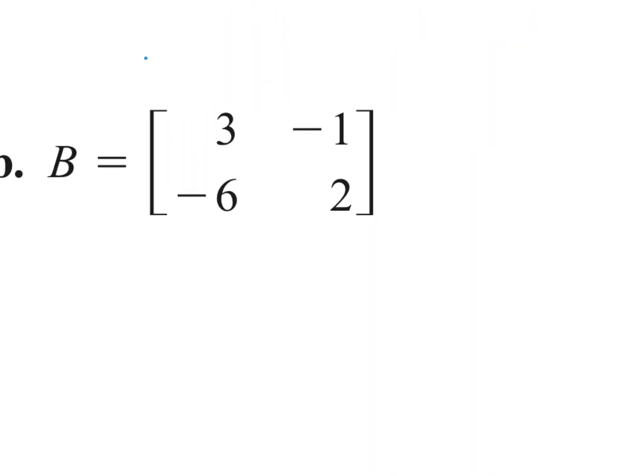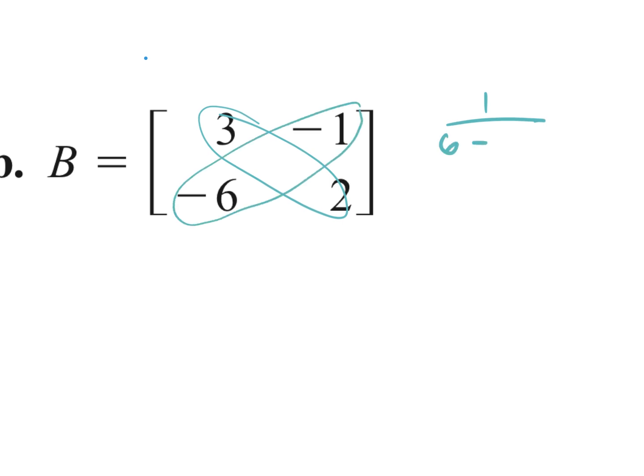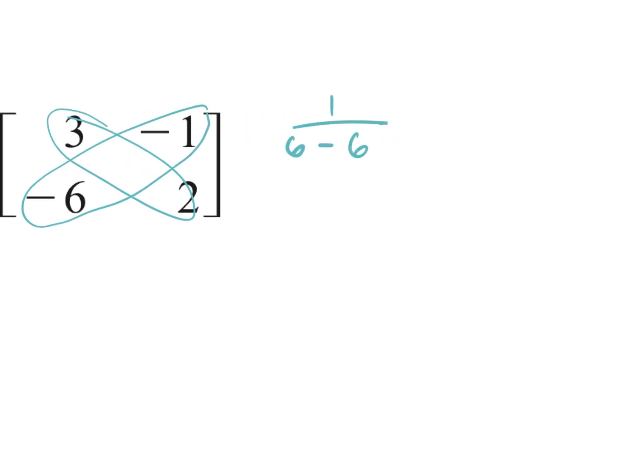So first, let's find what our majors minus the minors are. So we have 1 over 3 times 2 would be 6 minus 6 times -1, which is 6. What's 6 minus 6? Could I get 1 over 0? What is 1 over 0?